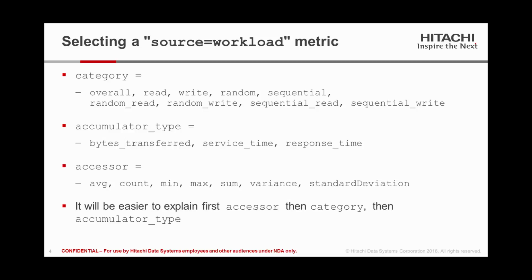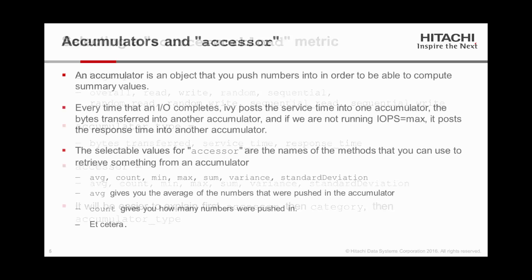When you're selecting source equals workload, there's three sub-parameters that you have to specify: category, accumulator type, and accessor. In order to explain these, it's easier to explain first accessor, then category, then accumulator type.